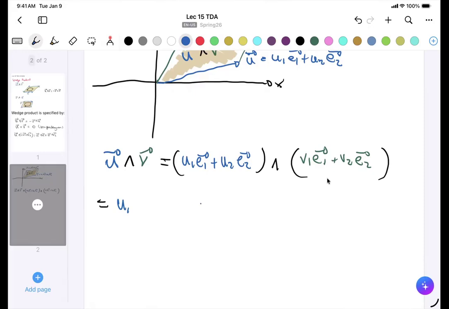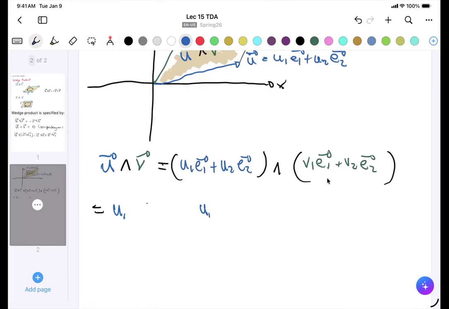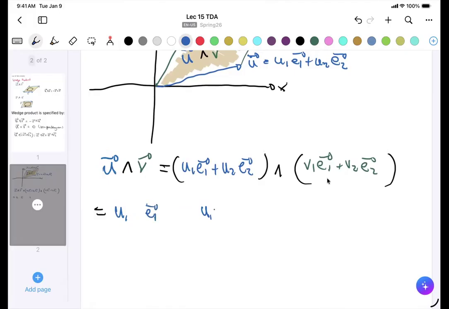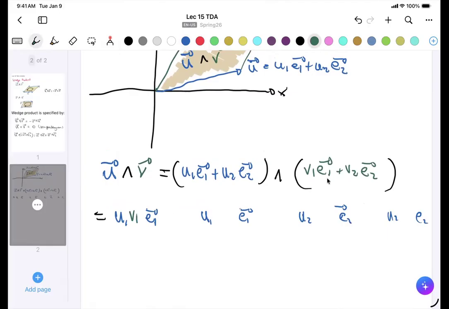So okay, it's going to be like this. And let me move this a little bit further.